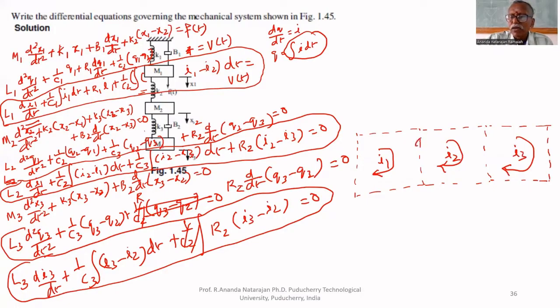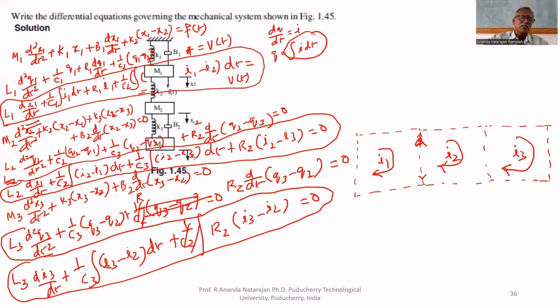What is the current through this shared path? In this direction, I2 minus I1; in this direction, I1 minus I2. While considering the first loop, I1 minus I2. While considering the second loop, I2 minus I1, because we are considering this direction as positive.